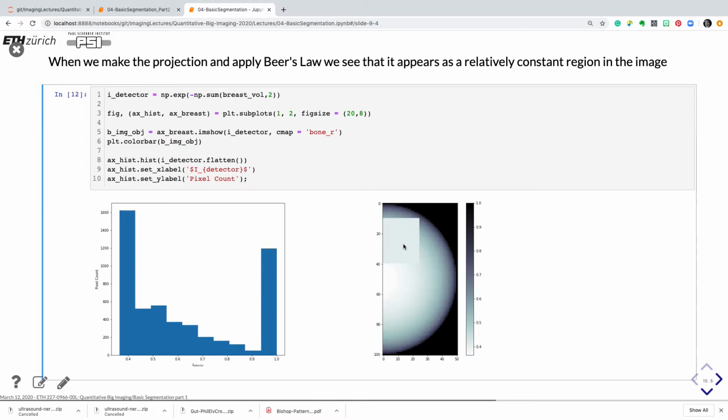And in principle, what we would have is the sum of alpha i times d i. So we would have two different thicknesses, and they would sum up into the signal.